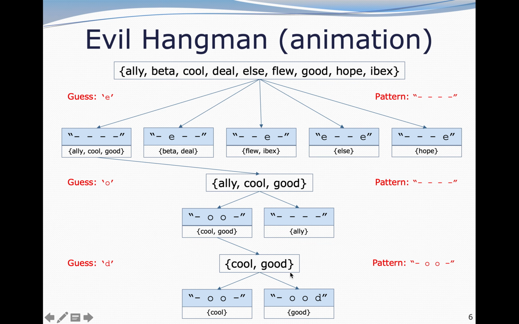And now, which one should Evil Hangman choose? Well, we're in a tie here, and the spec will point out that you should break ties by choosing the earliest occurrence in the map. In this case, the pattern gets reflected to be dash OO dash, and the current set of words would be cool.